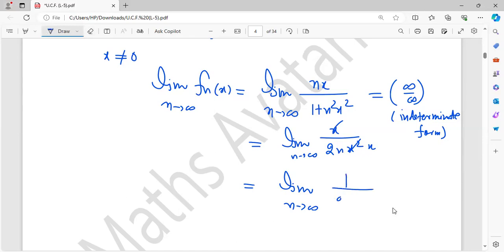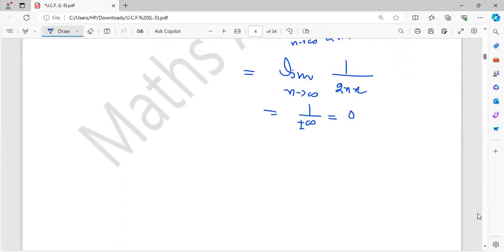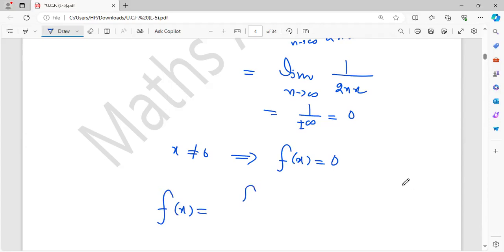Since x is non-zero, this is 1 upon infinity, or maybe plus or minus infinity depending on whether x is positive or negative, so ultimately this is going to be 0. So what is f? If x is not equal to 0, and also for x equal to 0, the pointwise limit is the 0 function. So f is the 0 function.